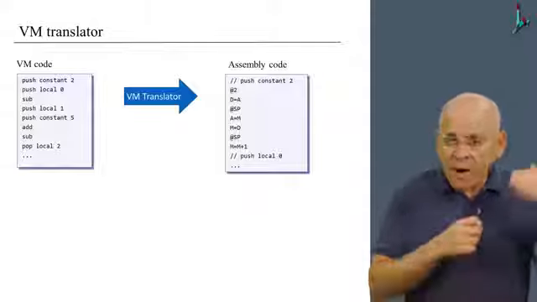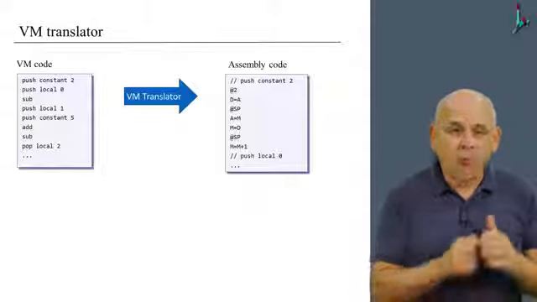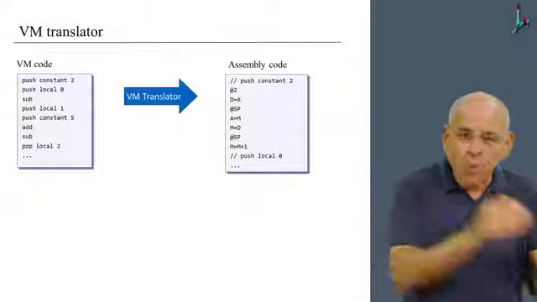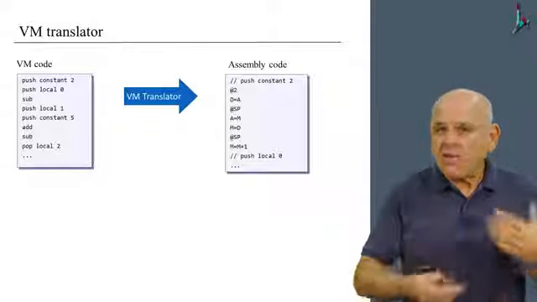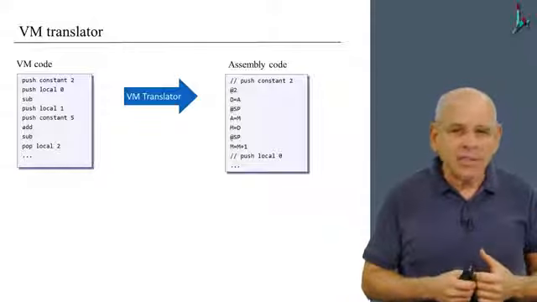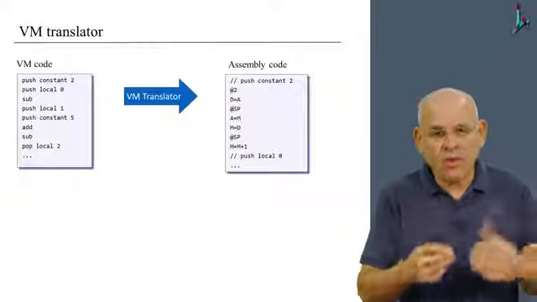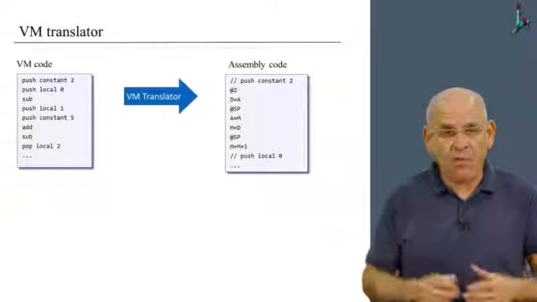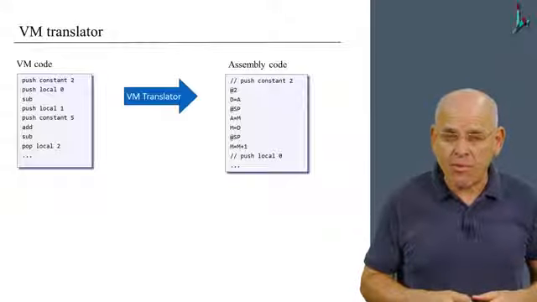It parses each individual command and breaks it into various lexical elements like push, constant, and the integer 2. Then, using these lexical elements, it re-expresses these commands using assembly commands of the target platform, which in our case is Hack, and therefore we use the Hack assembly language.